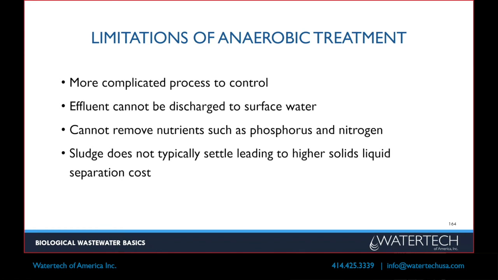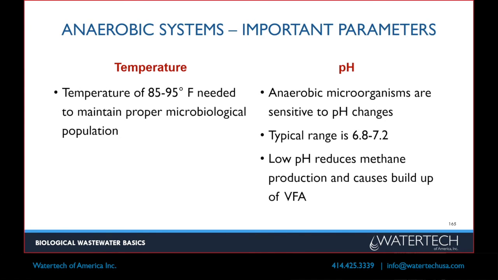It's not as good at removing nitrogen, phosphorus, things like that. And then the sludge doesn't settle, so you really can't use a gravity clarifier. You'll have to use a DAF or some other type of membrane system to separate the liquid from the solids. Because if you take the mixed liquor from a digester, you'll see the gas bubbles almost fizzing a little bit, and it carries a lot of those solids up to the top, and you can't treat it.